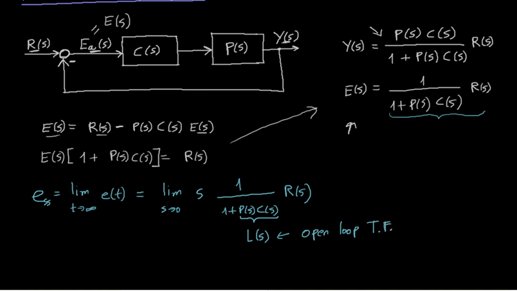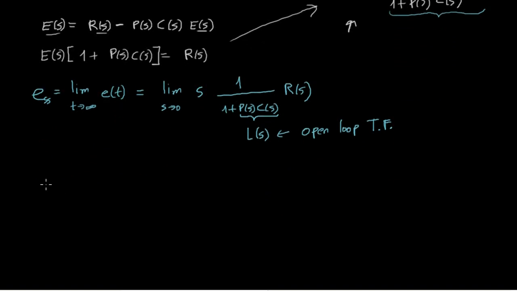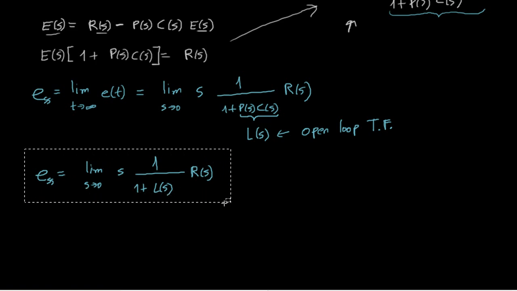So given that, our formula for the steady state error, ESS, is equal to the limit when s tends to 0 of s times 1 over 1 plus the open loop transfer function, all that times the input. Now let me copy this because I'll use it a lot during the video.